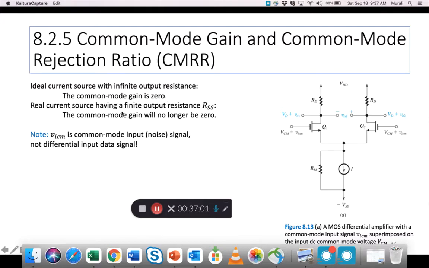If it's a real current source having a finite resistance RSS, we are talking about this current source at the bottom here. So we are neglecting, for defining this section, for the moment, cascode and current source load. We are back to the regular differential circuit with drain resistances, RD.